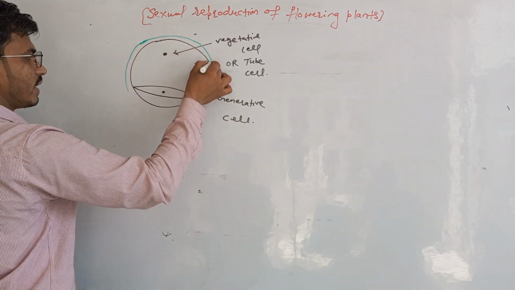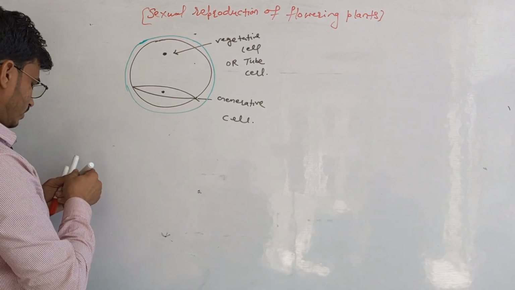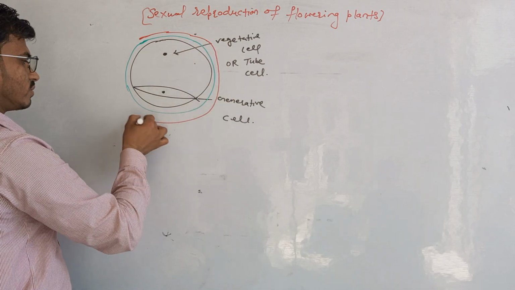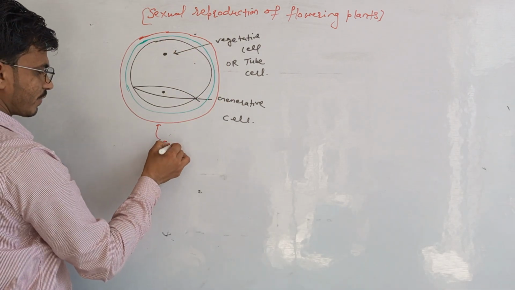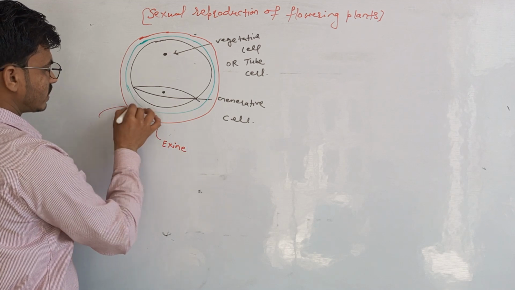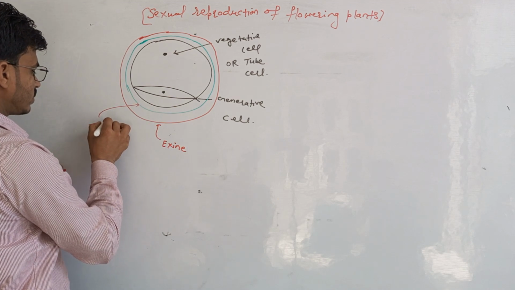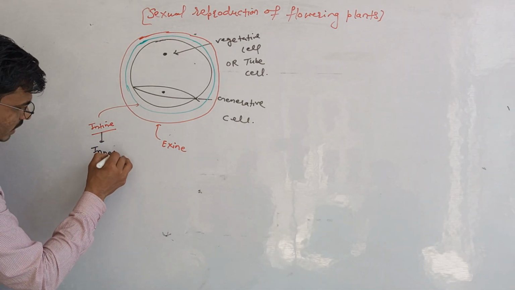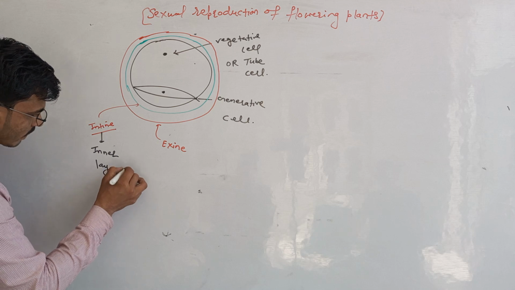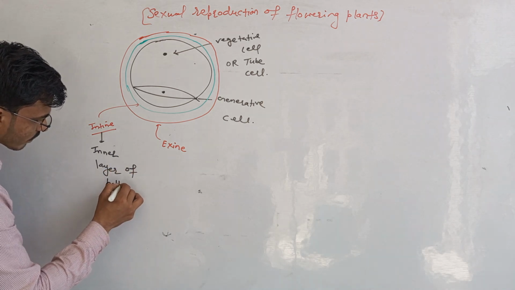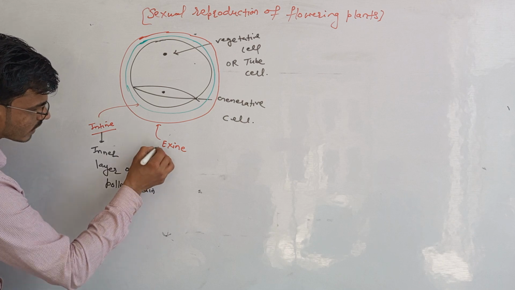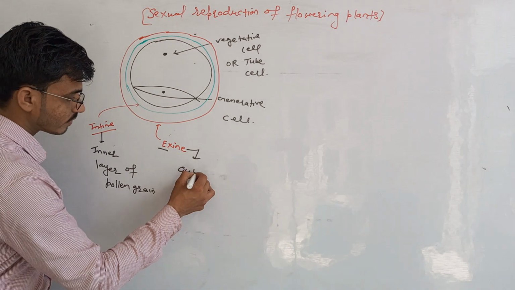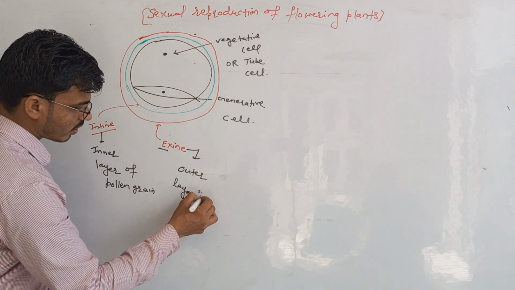One is the intine, which is the inner layer, and the outer layer is the exine. Intine is the inner layer of the pollen grain, whereas exine means the outside, or outer layer of the pollen.